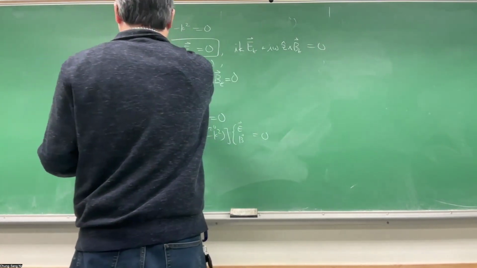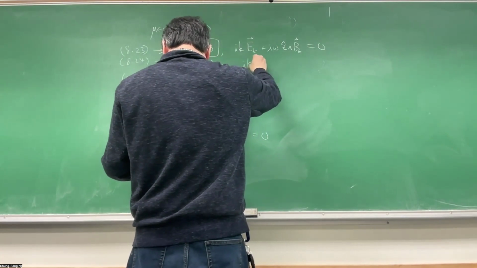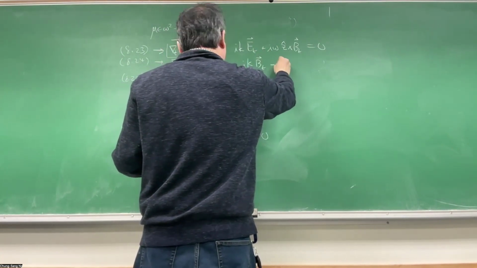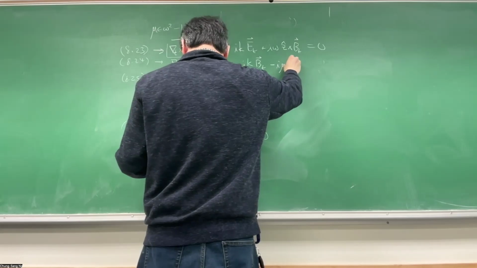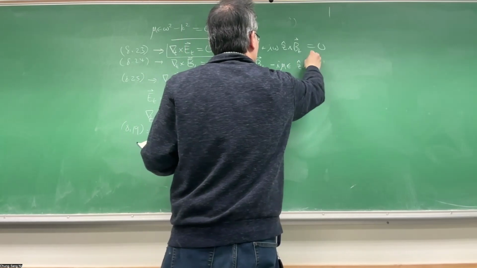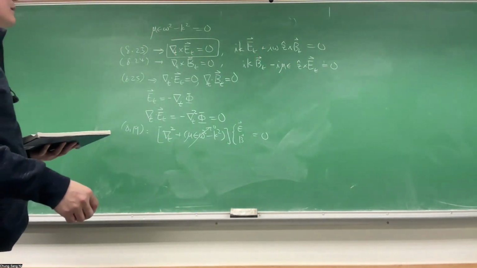And likewise, 8.24 will give you i k E_t minus i omega mu epsilon equals 0. Right?